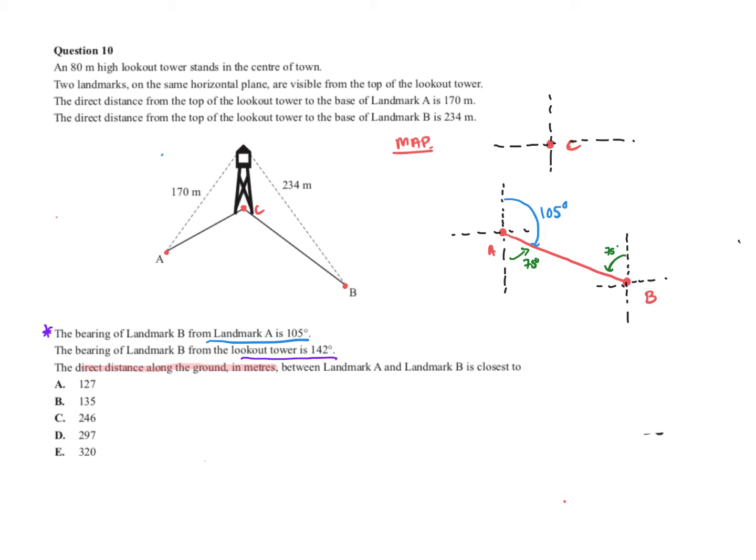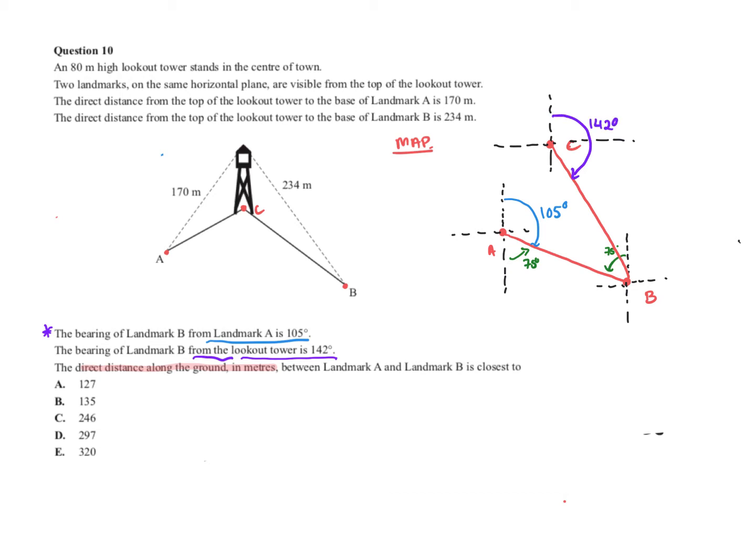If we join the two, B and the tower, they told us that B from the lookout tower is 142. So from its north, around there, is 142.